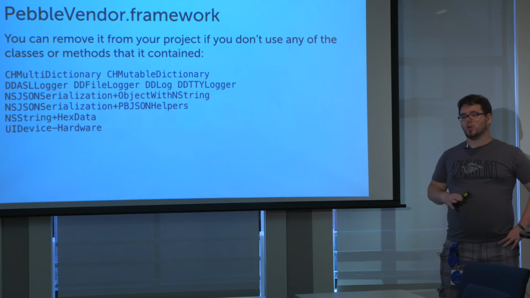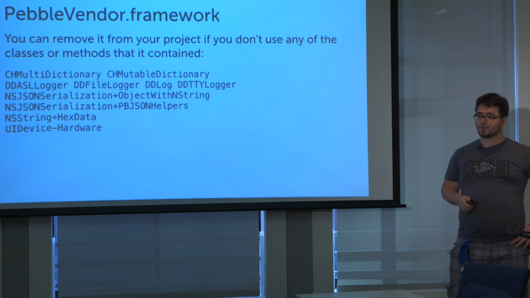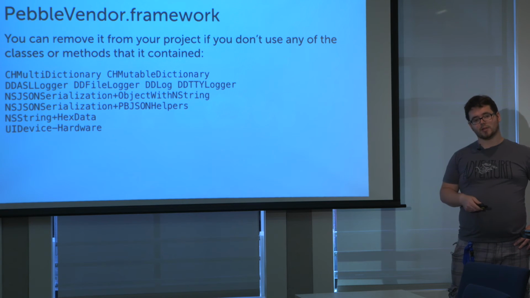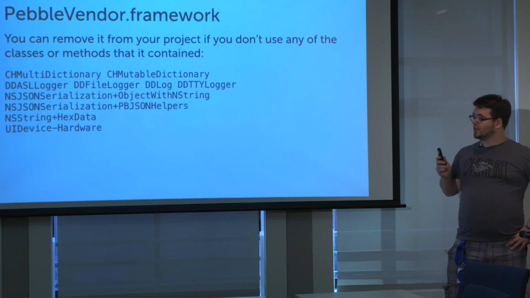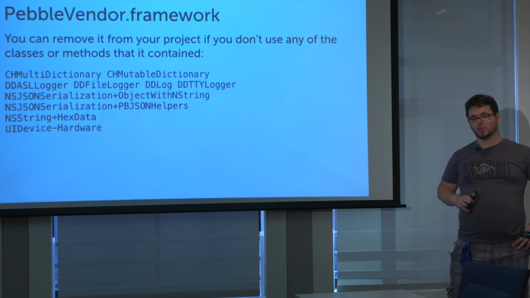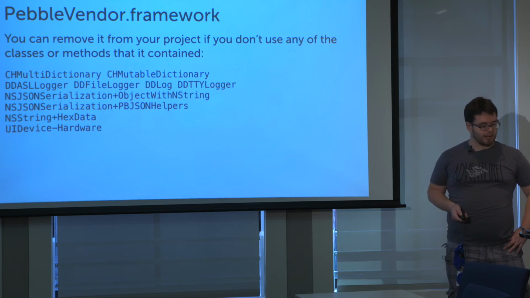So we stripped all of that out of PebbleKit, and we got rid of the Pebble Vendor framework altogether. If you still have it in your project, and you don't use any of those classes that are in there, just delete the file. You will reduce the size of your binary, and just forget about it.